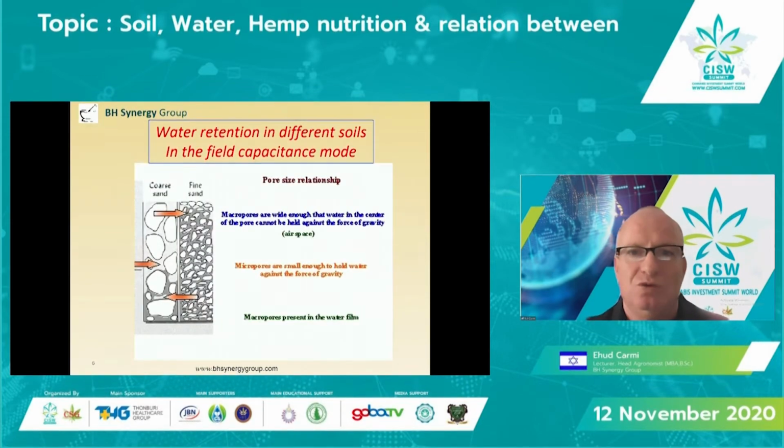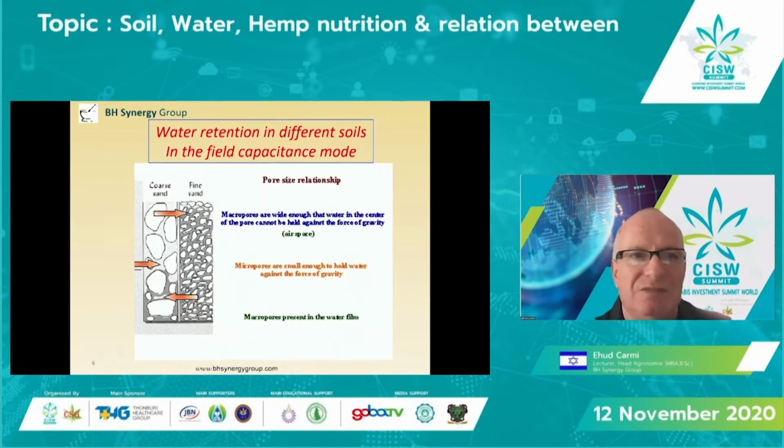If we want to define, even inside the soil, the type of soil and the water retention, we can see here that the bigger the particles are, the bigger the pore volume between them is, and the drainage is better, but the ability of the soil to hold water and supply the plant's need is not so good.